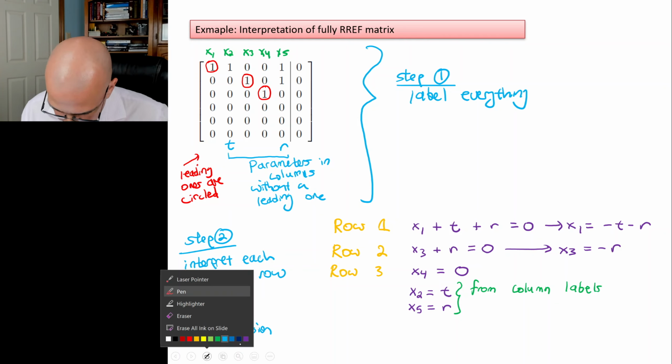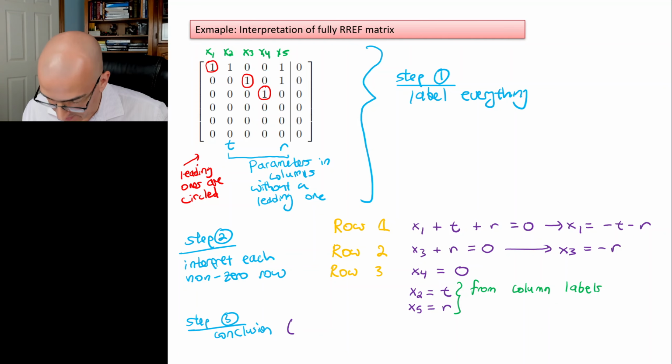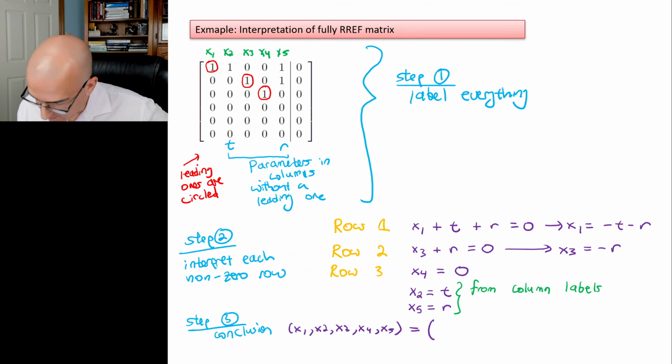We can say that the vector of solutions, x1, x2, x3, x4, x5, that solution vector is: negative t minus r, comma, x2 is t, comma, x3 is negative r, comma, x4 is 0, comma, and x5 is r.